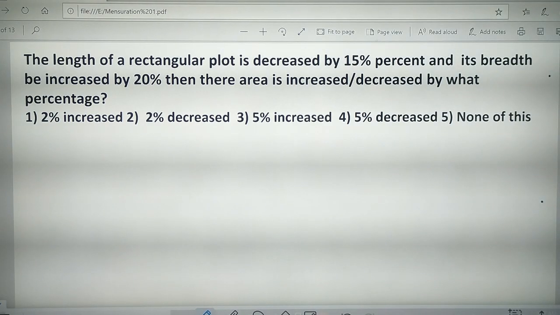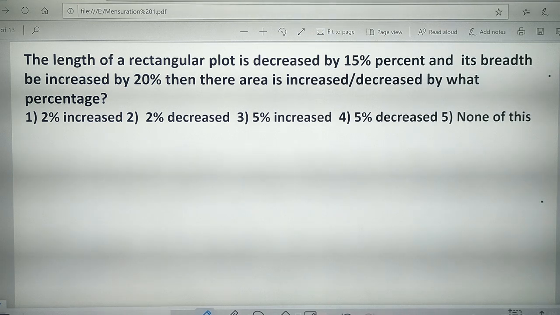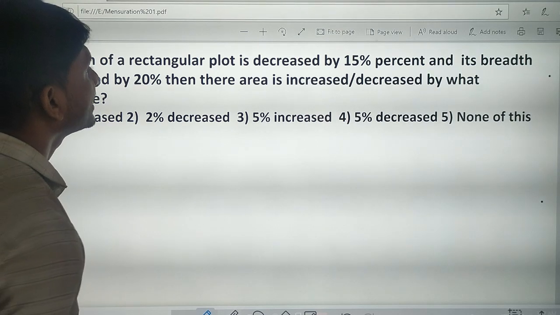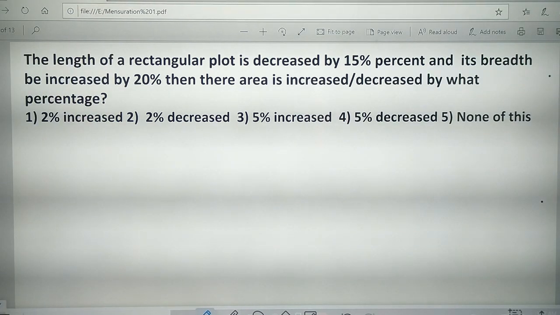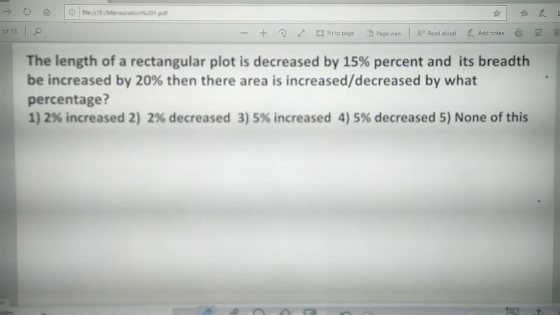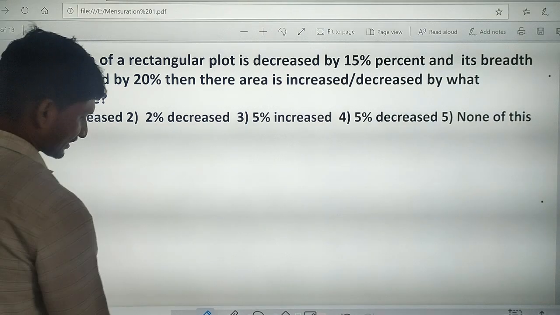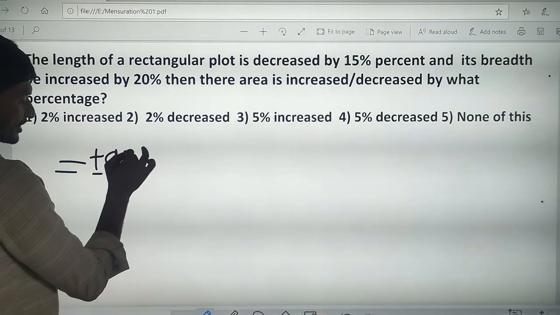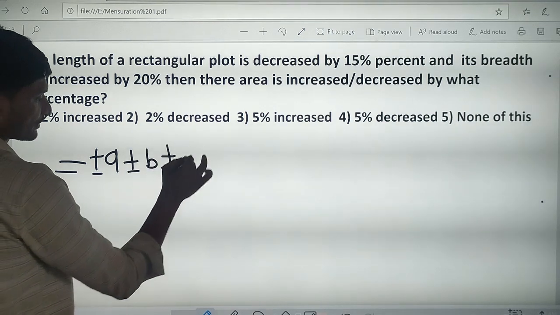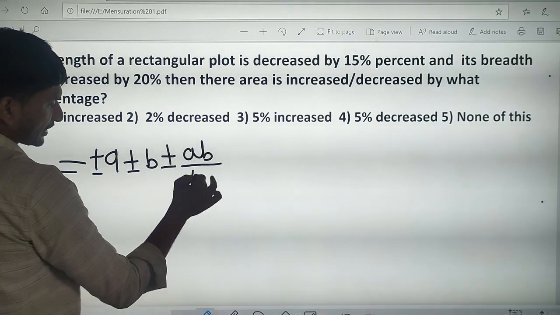The length of a rectangular plot is decreased by 15% and its breadth is increased by 20%. Then their area is increased or decreased by what percent? We calculate by the formula plus minus A plus minus B plus minus AB divided by 100.